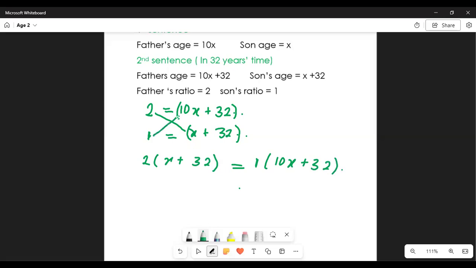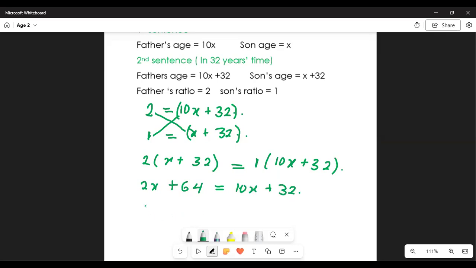So we do our cross multiplication. So 2 multiplied by that is 2x plus 2 multiplied by 32 will give us 64, which is the same as 1 multiplied by 10, which is 10x plus 32.